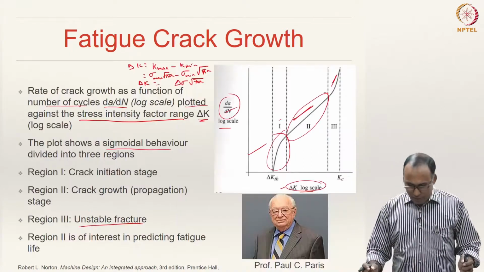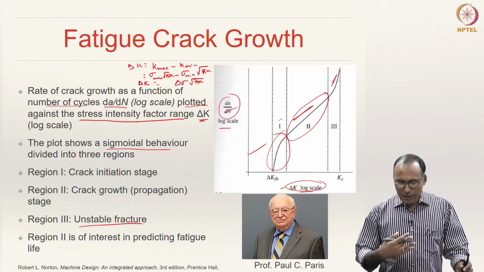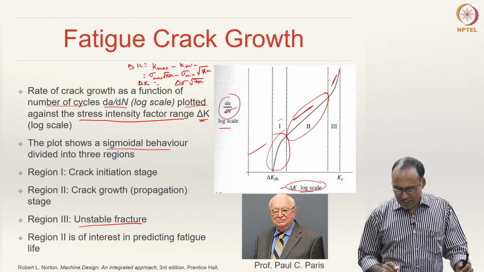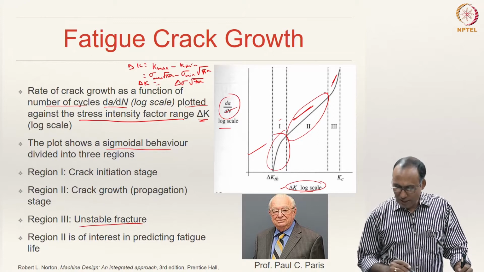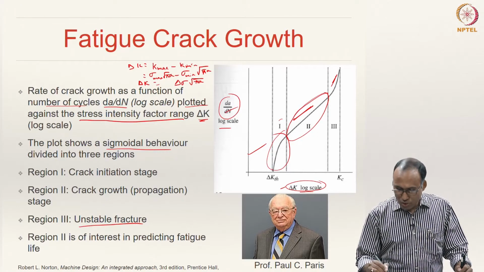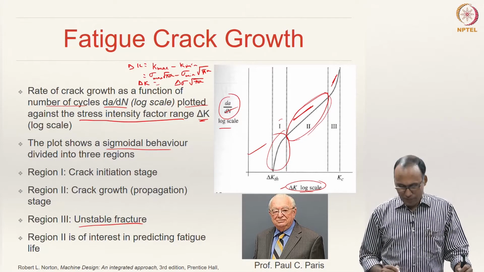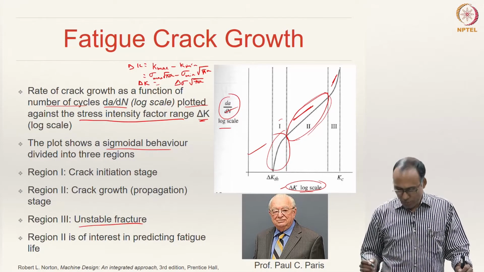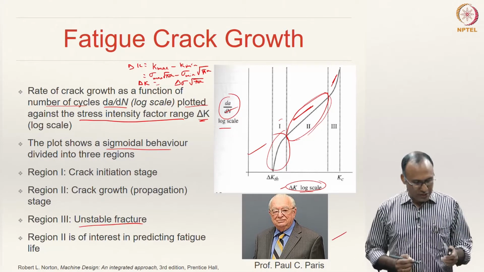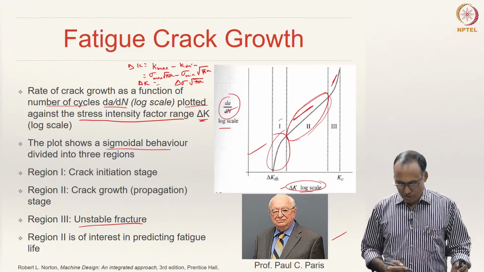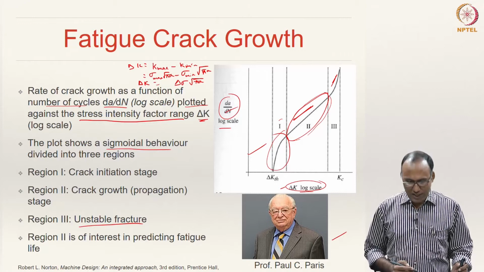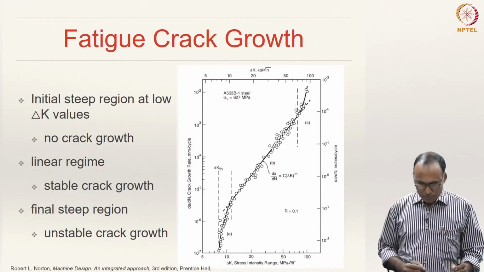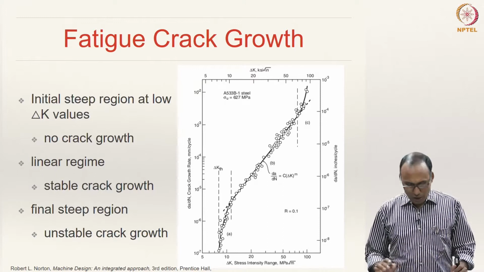It is observed that dA by dN versus delta K, when plotted on a log scale, shows a straight line behavior in region 2. This was observed by Paul Paris, and he gave a relation between dA over dN and the stress intensity factor range in region 2, which we will see shortly.